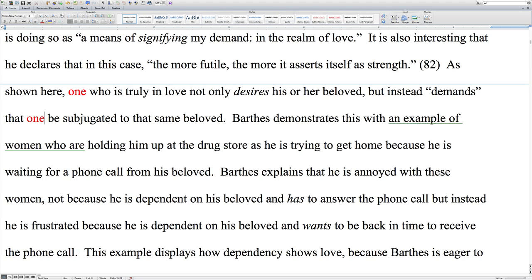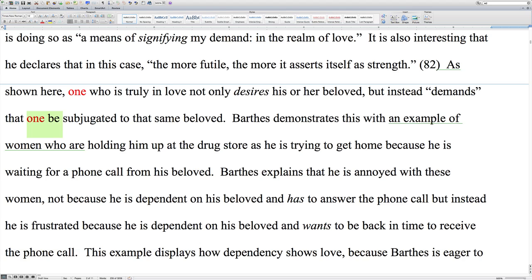And again, the writer's mind will have the best answer for that. I mean, this could be a religious claim that God forces you to be subjugated, right? Well, then just say that God subjugates one to that same beloved. That would work. But I think here what's happening is that perhaps the beloved is forcing the lover to be subjugated. We could try that too.